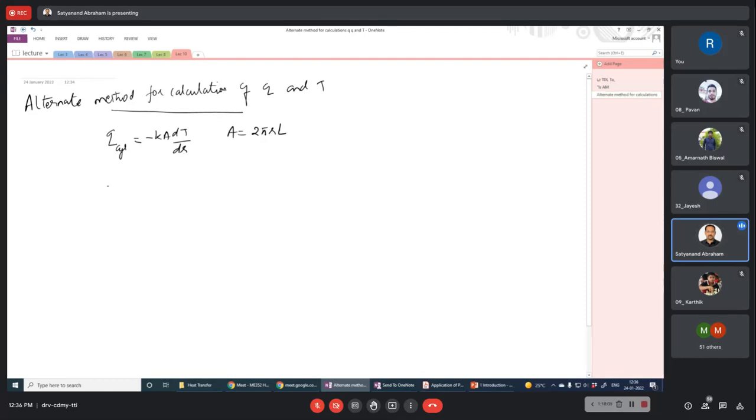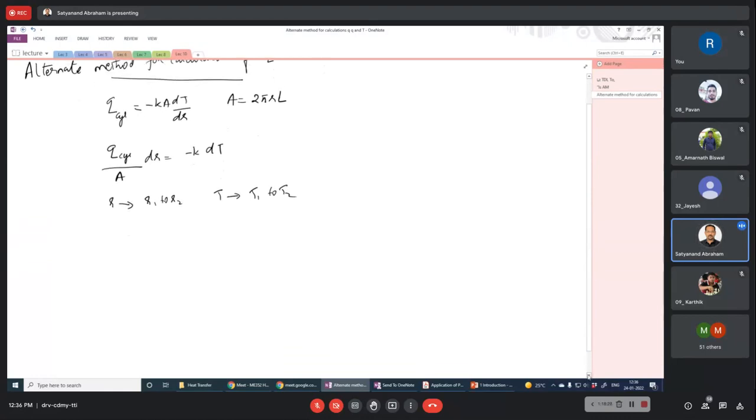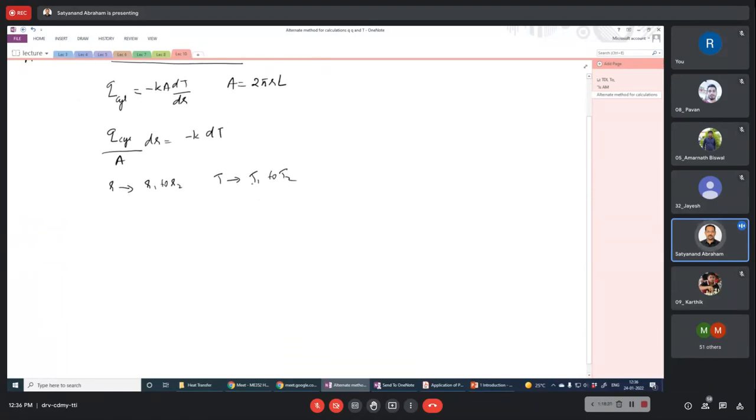Now we rearrange it: Q cylindrical divided by A, into dr, is equal to minus K dT. We know that r varies from r1 to r2, and T varies from T1 to T2. We are simply going to integrate it. Since we have definite intervals, there are no integration constants.